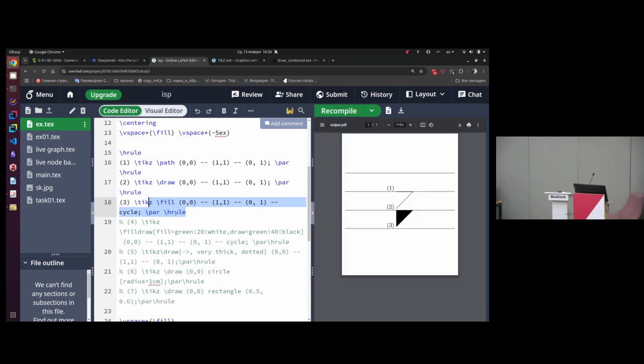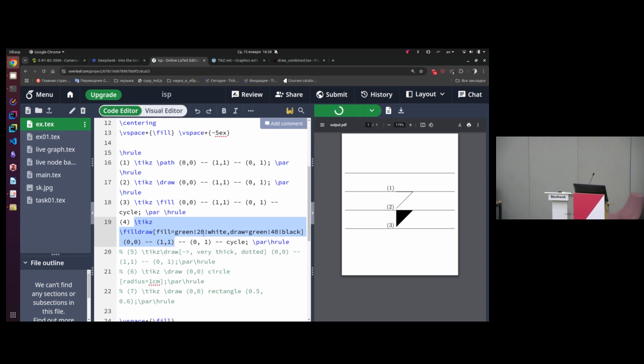In the third part, instead of draw, we ask TeX to fill the space. It fills it with default black color, and for the space to be closed, we add the keyword cycle after stating these 3 dots. It means that we want the space to be circular. Or I believe we could just add the same first point at the end, so the path will also be circular.